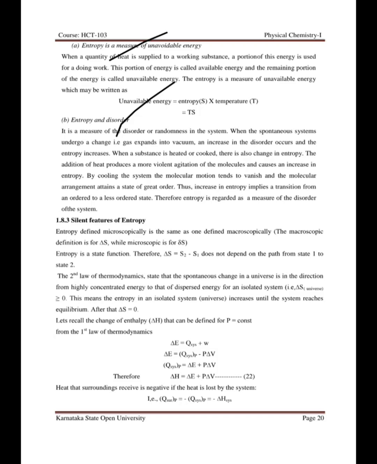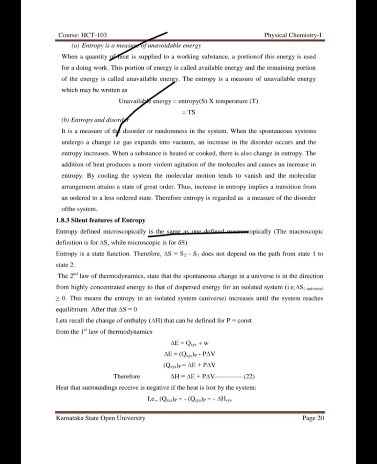And next, what are the salient features of entropy? Entropy is defined microscopically in the same way as defined macroscopically. Macroscopically, it is delta S, entropy with respect to temperature.